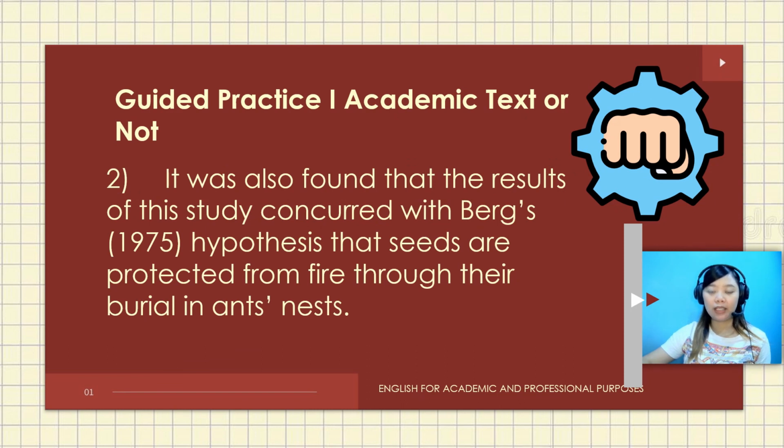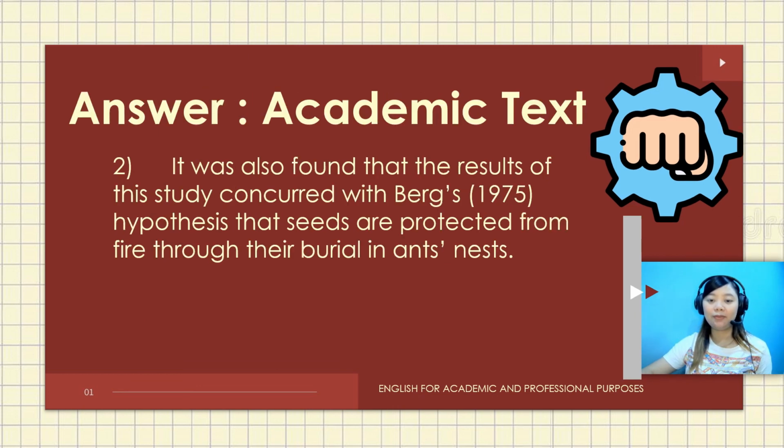The second one, guided practice number 2. It was also found that the results of the study concurred with Berg's 1975 hypothesis that seeds are protected from fire through their burial in ants' nest. I will give you 3 seconds. 3, 2, 1. Let's reveal the answer. The answer is, it's an example of academic text.